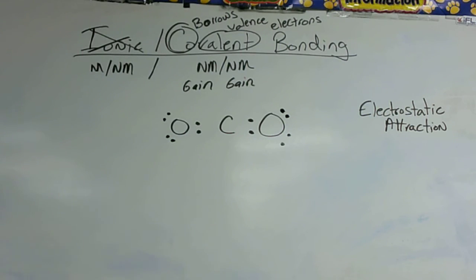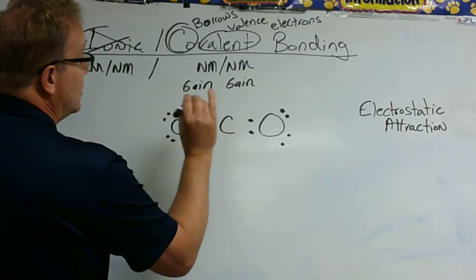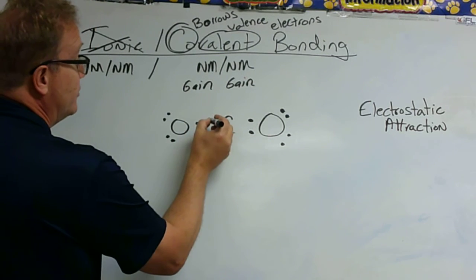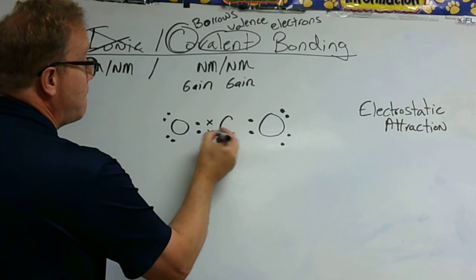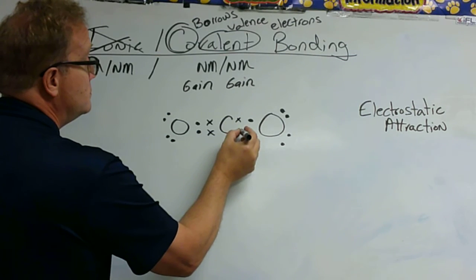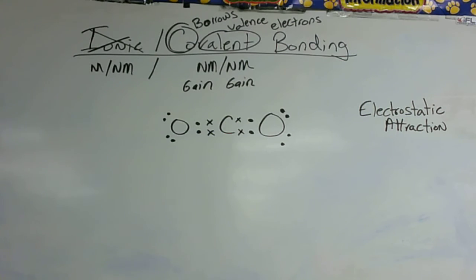So you'll notice oxygen has 6. You know that they have to borrow or co-own electrons. This is not loss and gain. I'm not dealing with a metal. Carbon has 4 valence electrons. So it kind of looks like this, because I have to expose those electrons to borrowing.